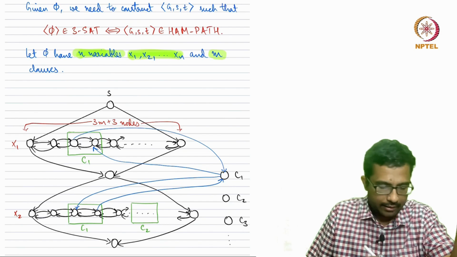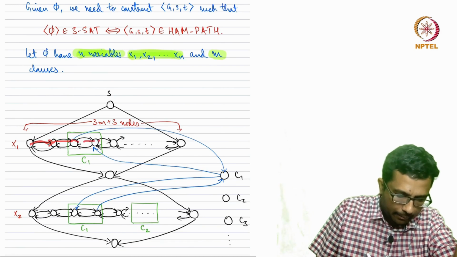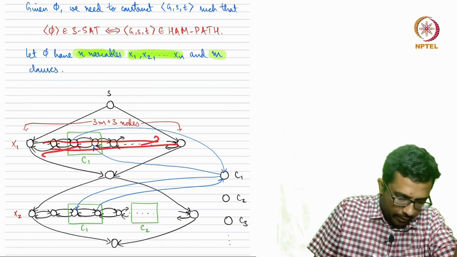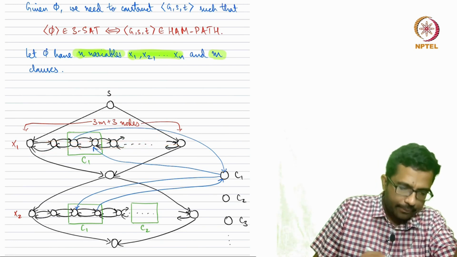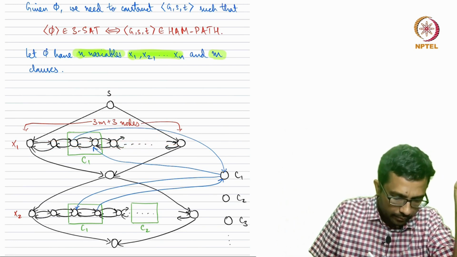There is a path from the right to the left and a path from left to the right. Between each of these adjacent vertices there is an arrow from left to right and an arrow from right to left.